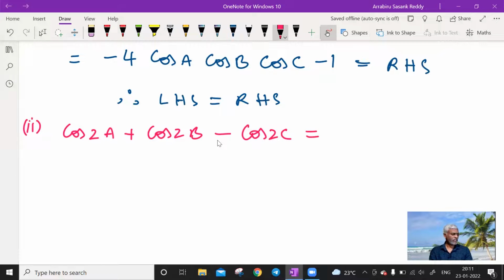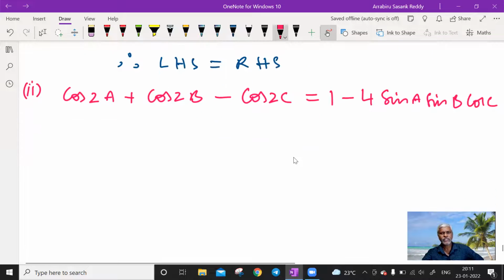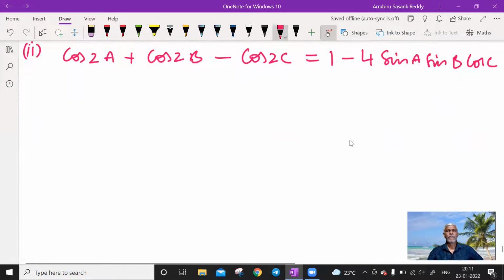So if you take the third term minus, the answer will be 1 minus 4 sin A sin B cos C. 4 sin A sin B and cos C. In previous all are cos A cos B cos C. Now if you take minus cos 2C, you will get this one.